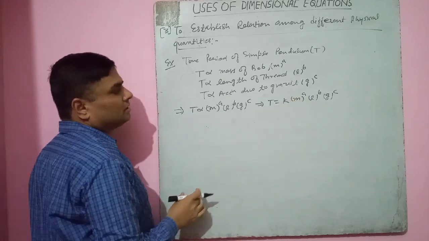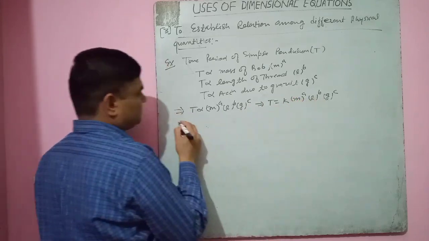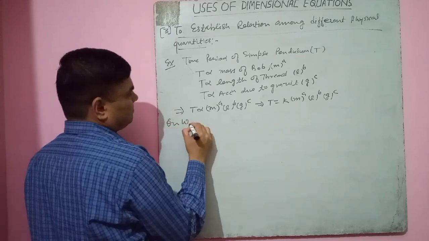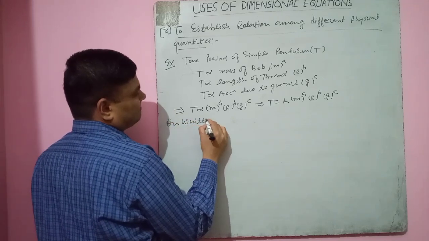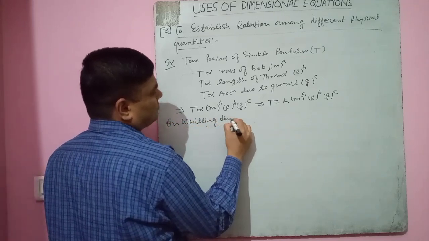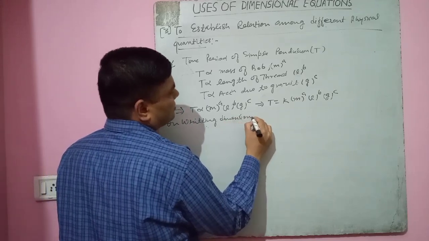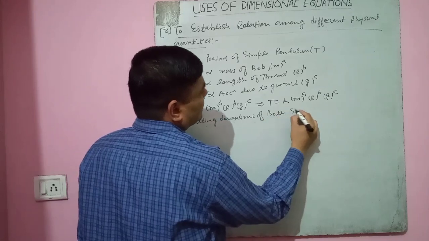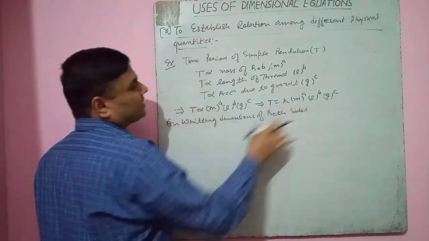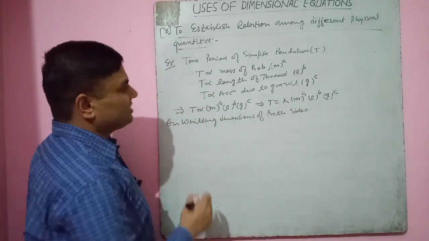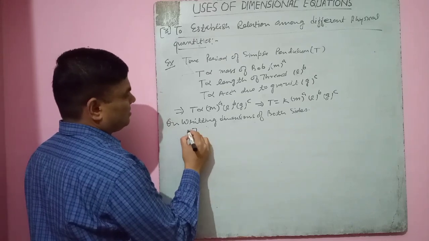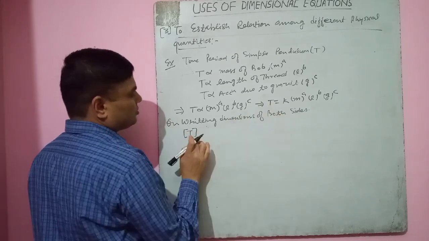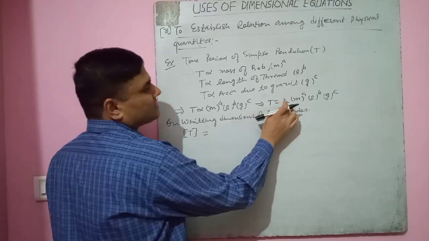We can write the dimensions on both sides. When we write dimensions on both sides of this equation, the dimension of time T is [T]. k is a dimensionless quantity.